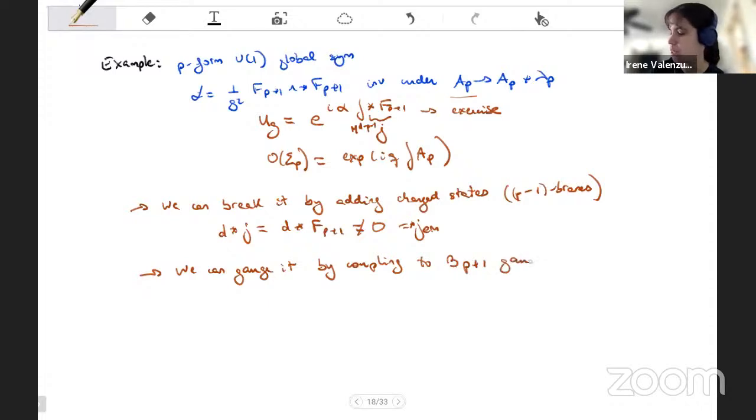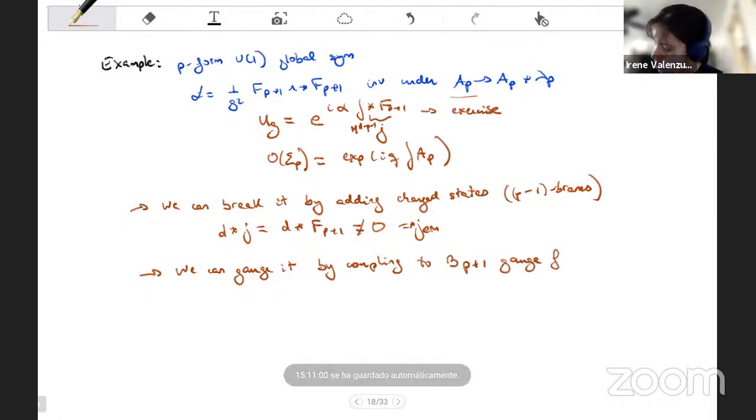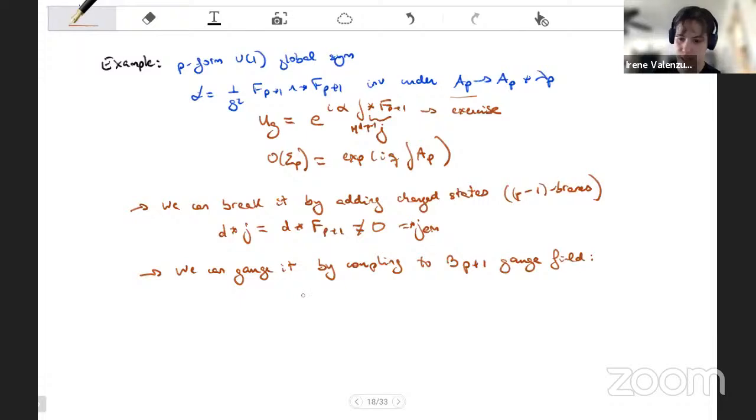So how did we do it for the axion? For the axion, which is a 0-form gauge field, we couple the current to a 1-form gauge field. Now that we have a p-form gauge field, we have to couple it to a p+1 form gauge field. So we add this term in the Lagrangian.